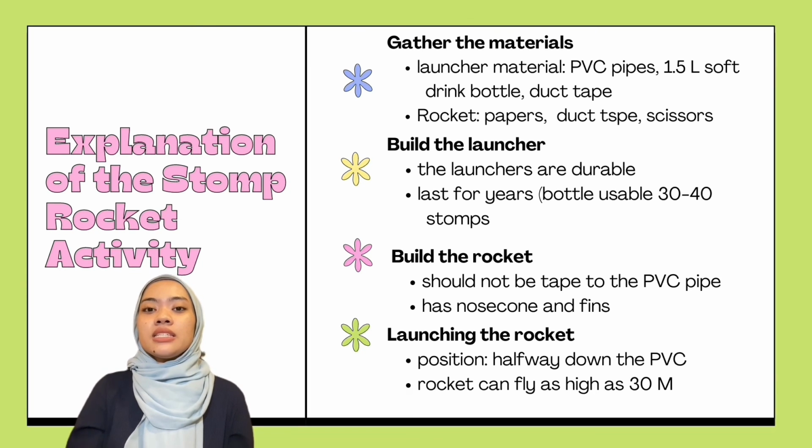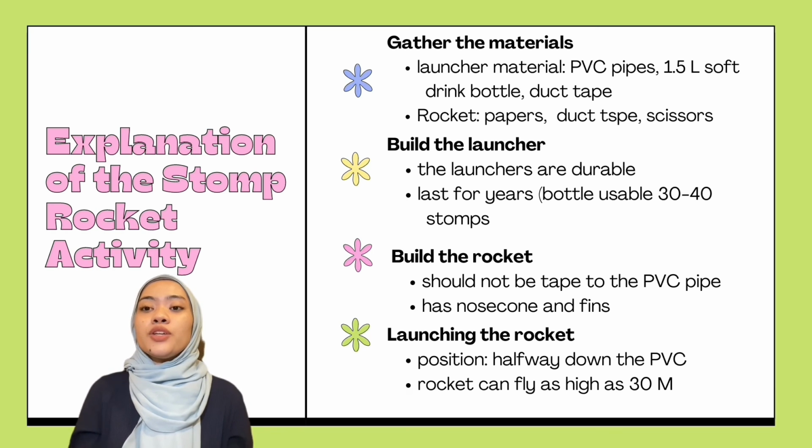Stomp rocket is a simple device that uses compressed air to launch the paper rocket. First of all, the students have to prepare the materials for the launcher and also for the rockets. When all the materials are sufficient and complete, we will continue to build the launcher.